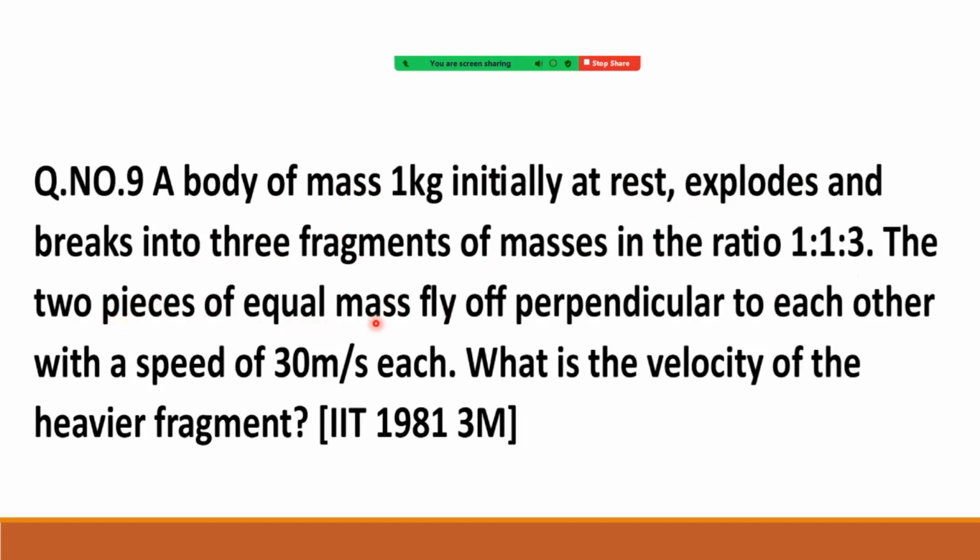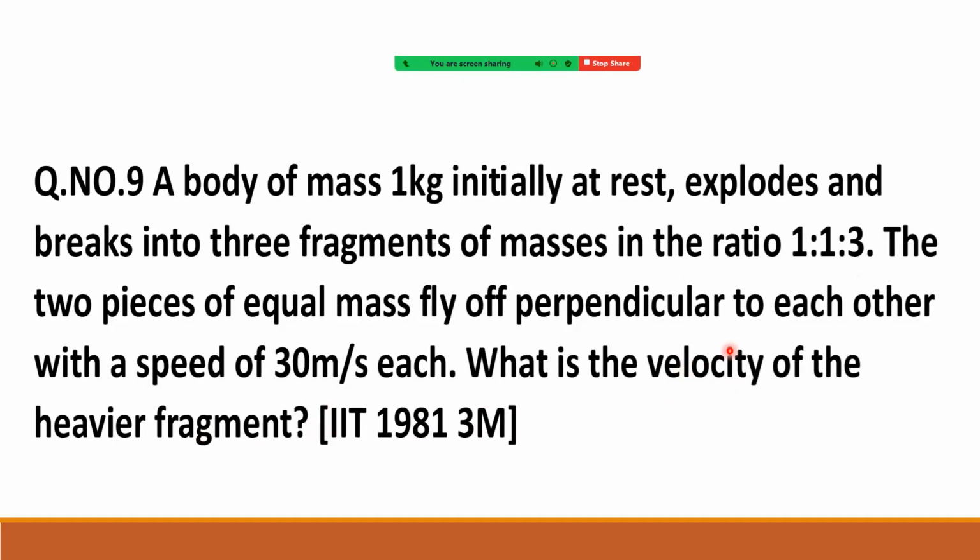The two pieces of equal mass fly off perpendicular to each other with a speed of 30 meter per second each. What is the velocity of the heavier fragment? This is the question asked in 1981 for 3 marks.